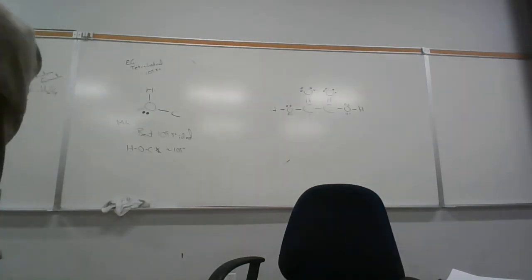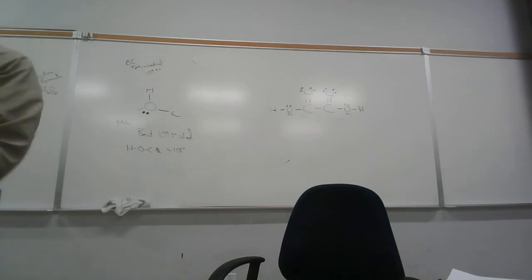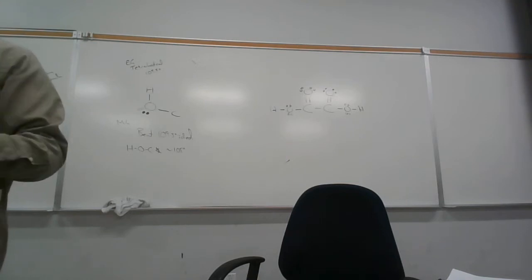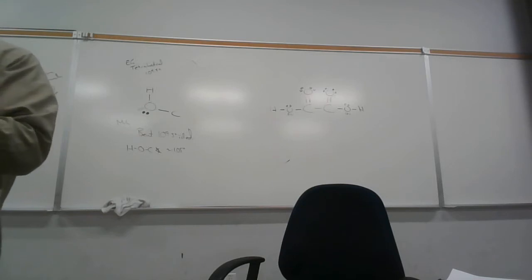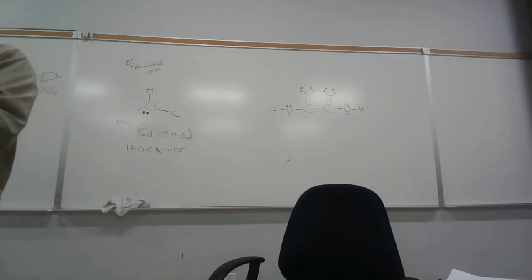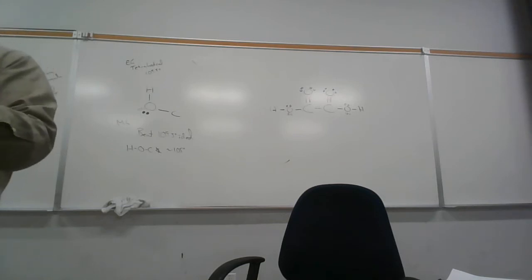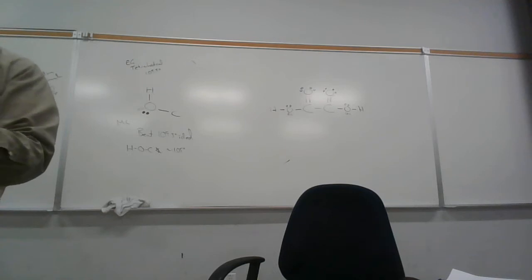Because the electrons in a bond are pulled between 2 atoms, but a lone pair is just pulled onto 1 atom. And this lone pair is going to push these bonding pairs in a little bit. In fact, I'm going to have 2 lone pairs. And 2 lone pairs take up more space here and here. They need more room, so it's going to push these 2 in to create more room for these big lone pairs here.